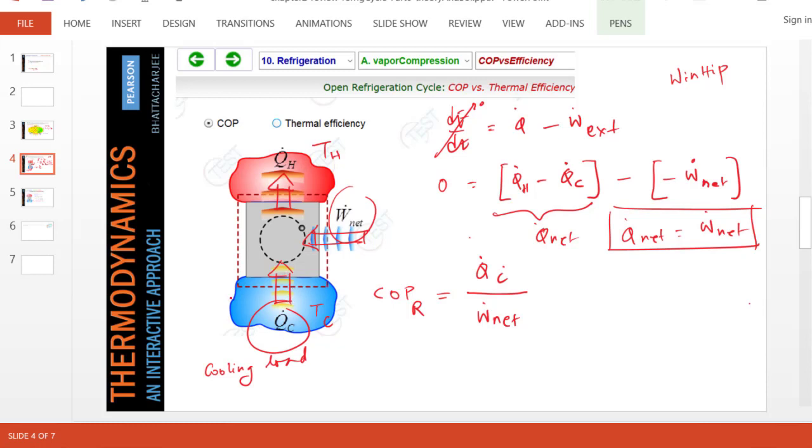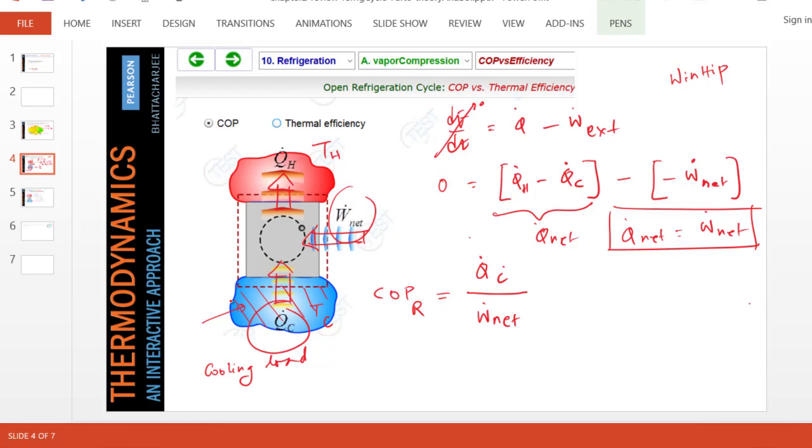Why do we need the heat transfer? Our goal is to keep this blue space, the cold place, at a low temperature Tc. And if I keep a place cold, there will be a natural tendency for heat to leak into it. Not just heat leaking into it. For instance, inside your classroom, or wherever you're sitting right now, if you look around you'll find there are a lot of heat sources, maybe some electric lamps or your computer generating heat.